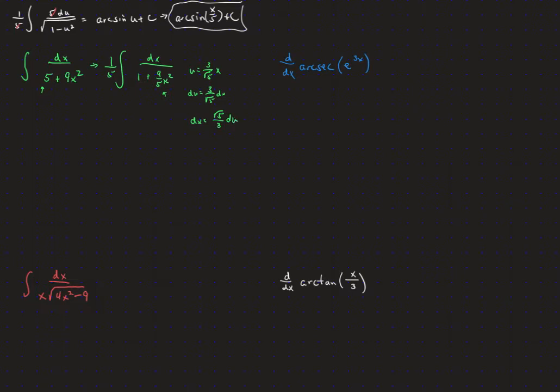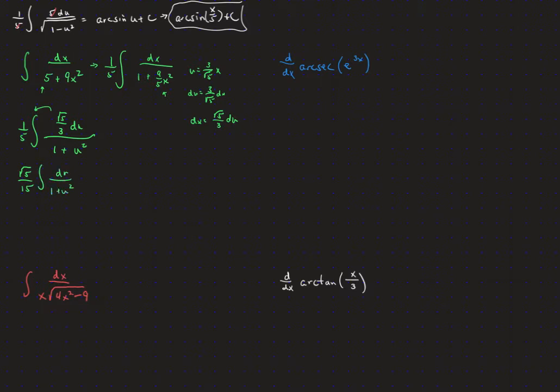So our integral now has this 1/5 outside of it. Our dx is going to be replaced by the square root of 5 over 3 du, and we'll get our 1 plus u squared in the denominator. That will come outside, and it'll become the square root of 5 over 15, and our integral is what we want.